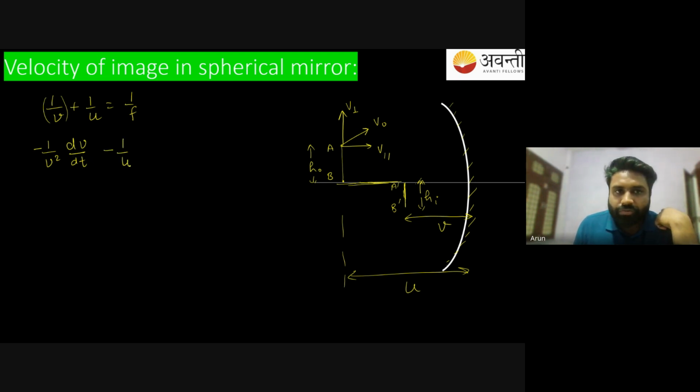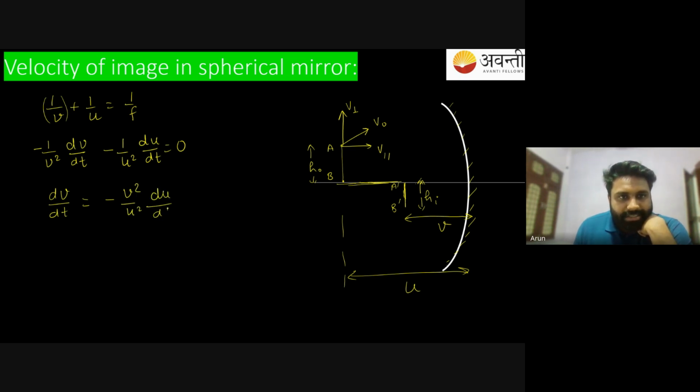Minus 1 by U square dU by dt is equal to 0, because focal length is a constant quantity, and the differentiation of a constant is 0. So from here, dV by dt is equal to minus of V square by U square dU by dt.